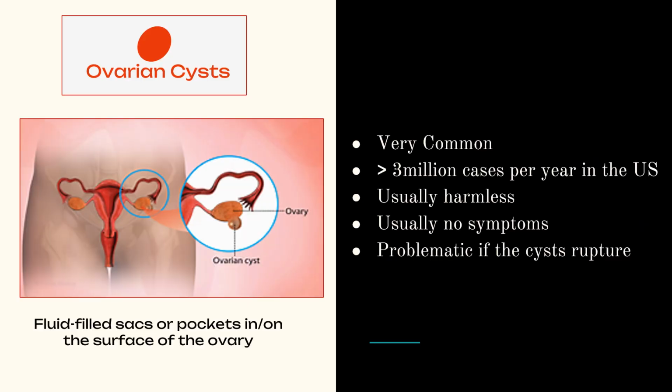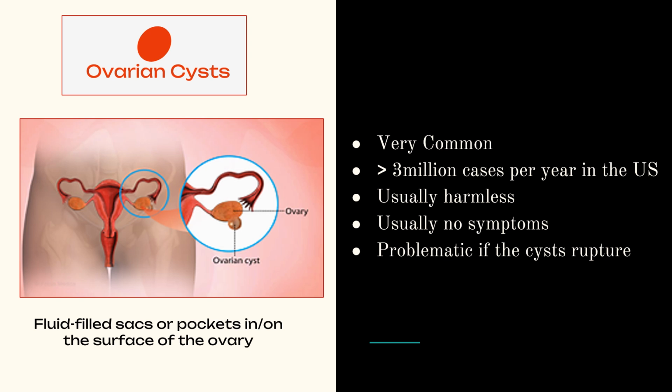The next issue we're going to talk about is ovarian cysts. And most ovarian cysts develop from tissues formed during normal menstrual cycle. The factors that influence the formation of cysts include hormonal imbalance, including fertility drugs, pregnancy, endometriosis or growth from endometrial cells, which are found outside the uterus on the ovary, a pelvic infection that spreads to the ovary, which would be pelvic inflammatory disease, or a previous ovarian cyst.